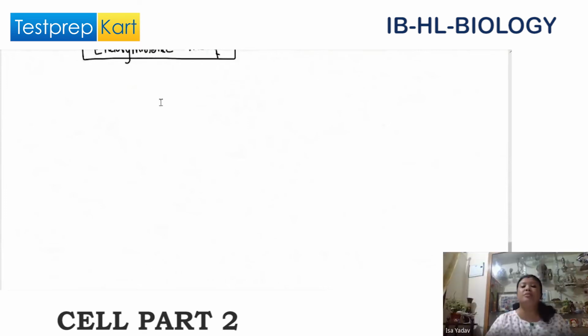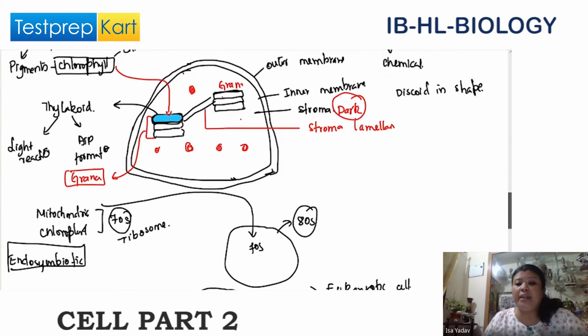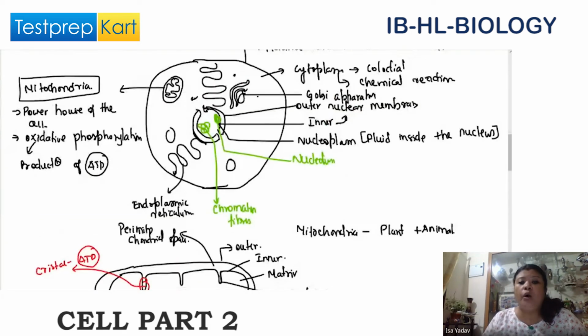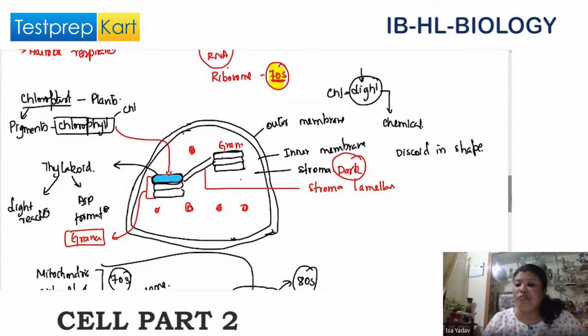We studied endosymbiotic theory. Next, we shall study about some more organelles. Now, have a look at this. This is one organelle that we studied, endoplasmic reticulum. Can you see this? Yes, endoplasmic reticulum. So let's work on that.